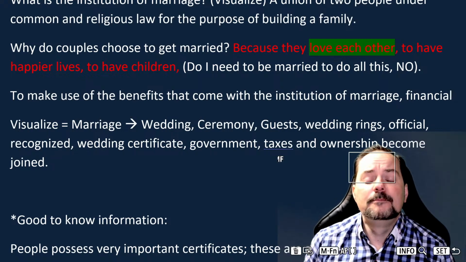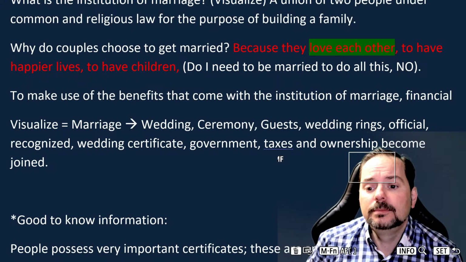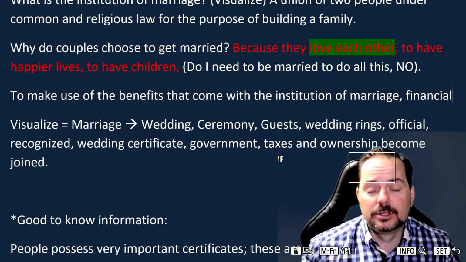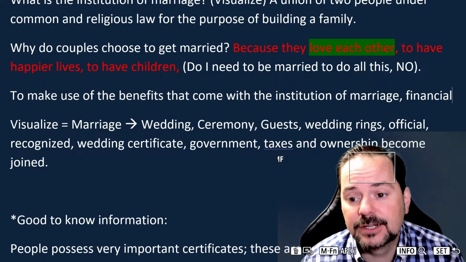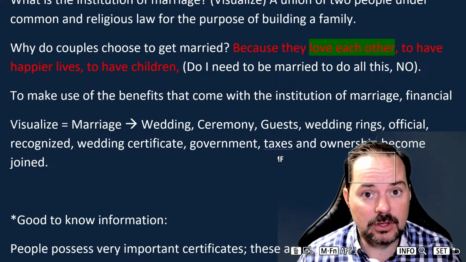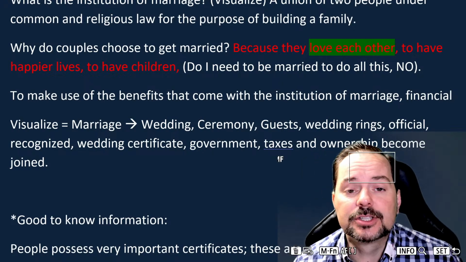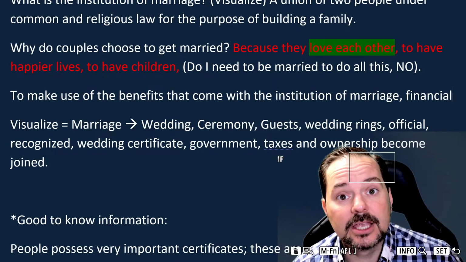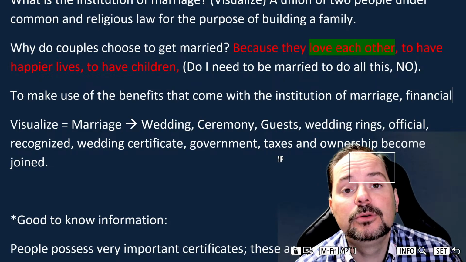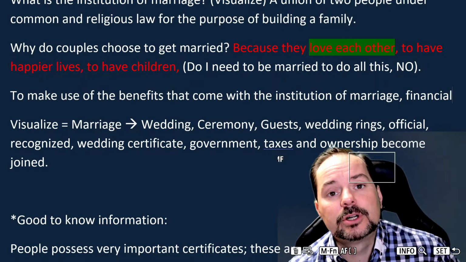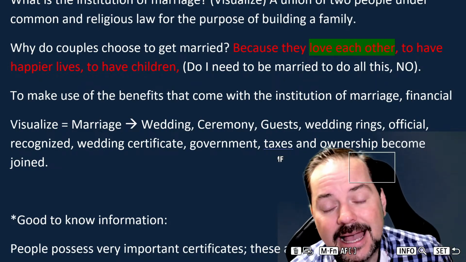Banks will look more favorably on couples that have a history of marriage. So if you've been married for 5 or 10 years and you have money and you have assets and both adults are working and you go into a bank and you ask for a loan, they will more likely give you a loan than if you're just one person going into the bank with the same assets.